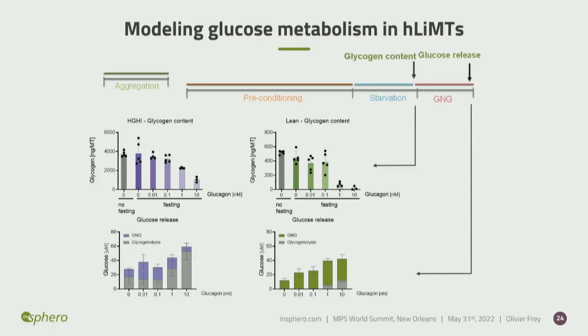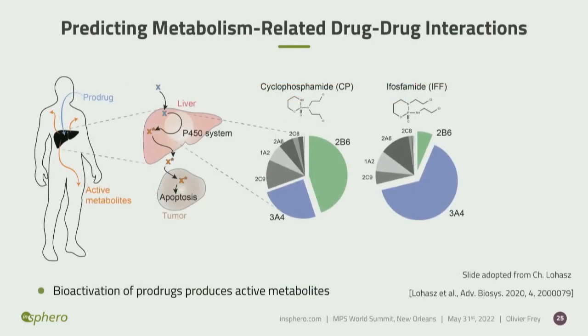Another combination model that has been done by our collaborators at ETH is that we used the liver inside the system as a metabolic organ in a prodrug activation experiment. And here what we have done is we use two different prodrugs. One is cyclophosphamide and the other one is ifosfamide, and both of them need to be metabolically activated by the liver to get active on the tumor.